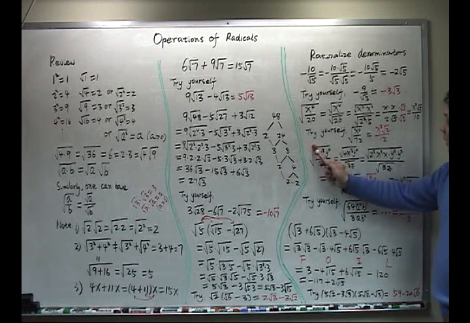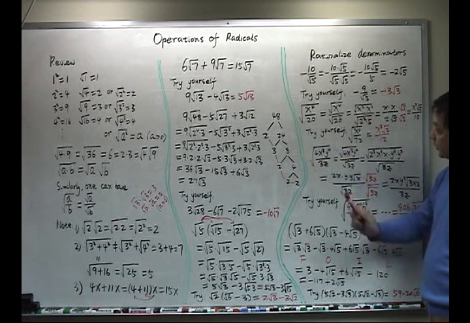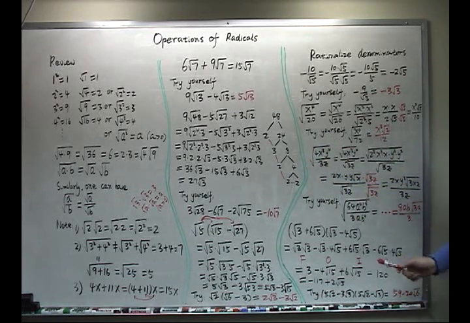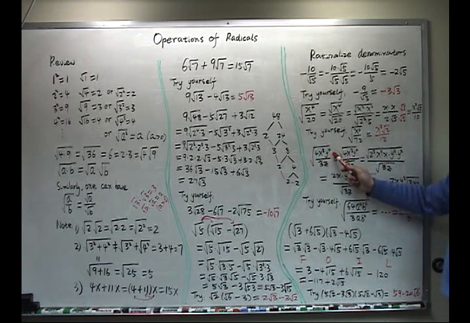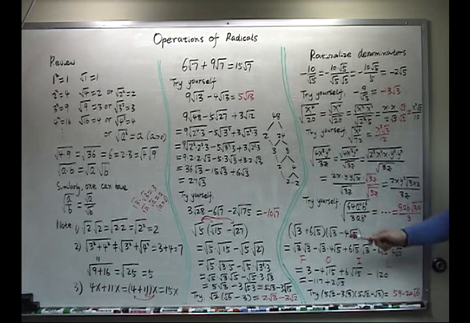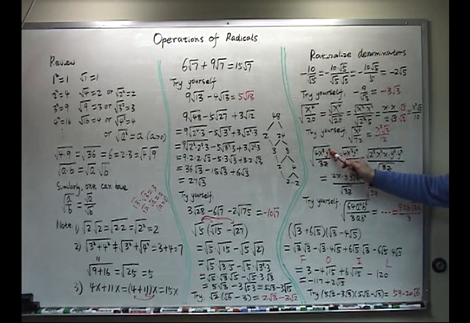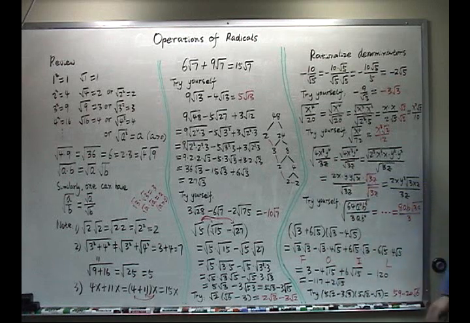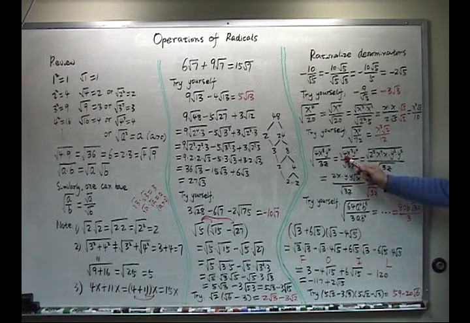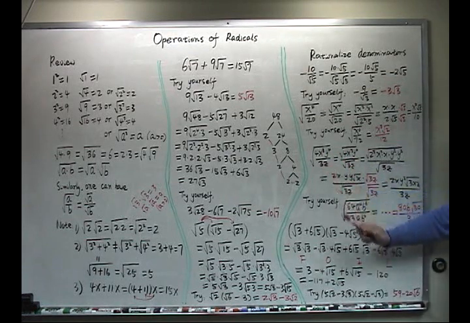Now, let's look at a little bit complicated one here. Again, we separate numerator and denominator. Radical of the numerator divided by radical 3z, where 3z is the denominator.